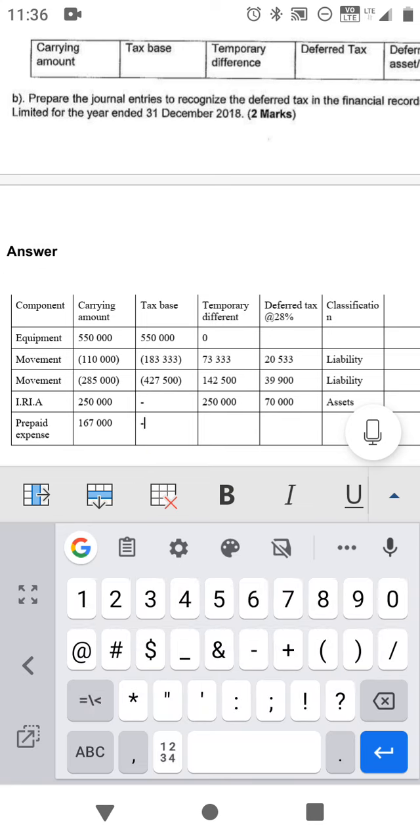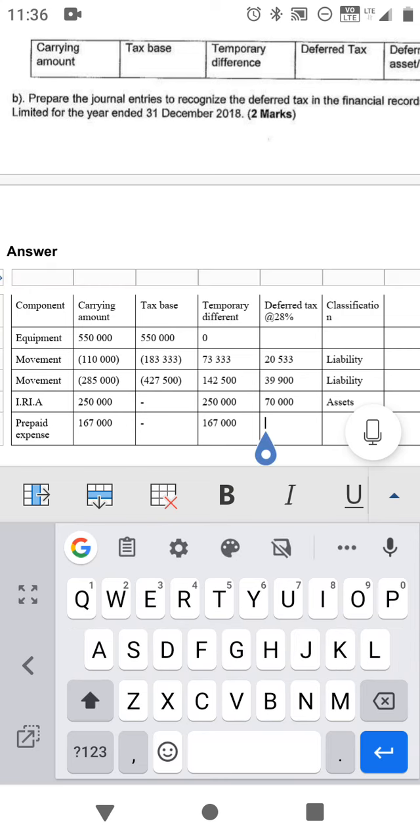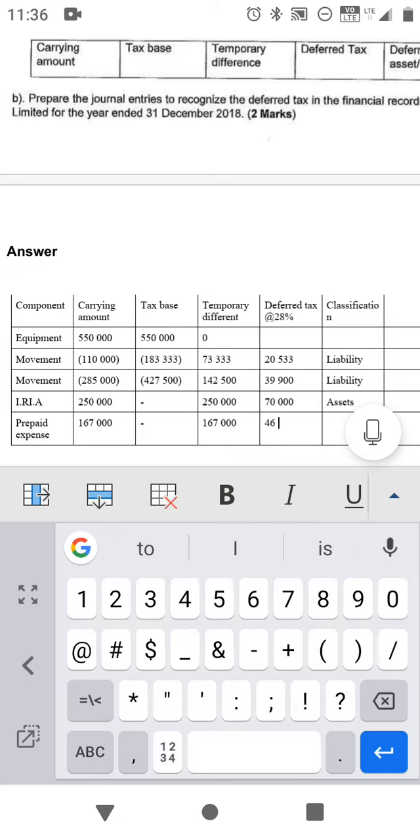SARS knows nothing about this, as I explained. 167,000. Then now let's go to deferred tax. 167,000. You just punch 28%. Then you will get 46,760.